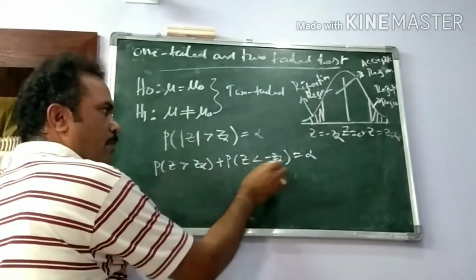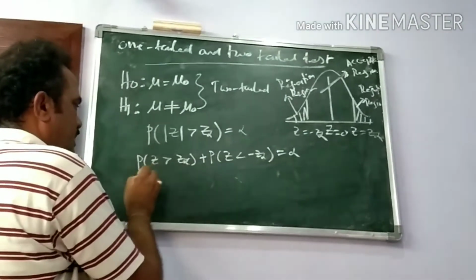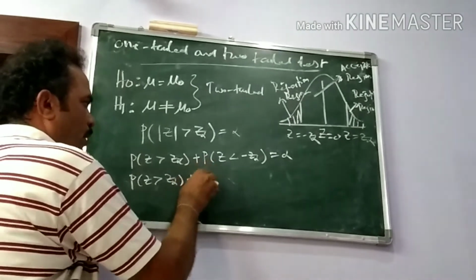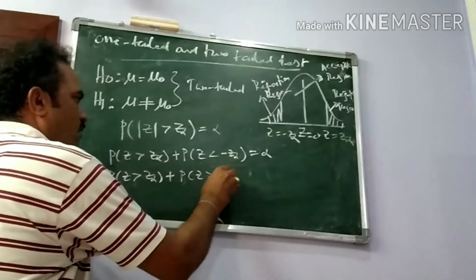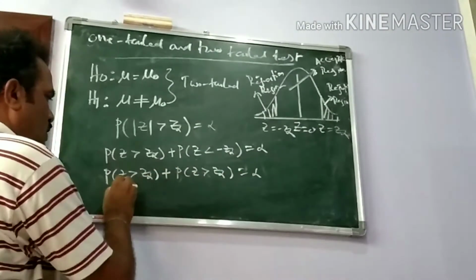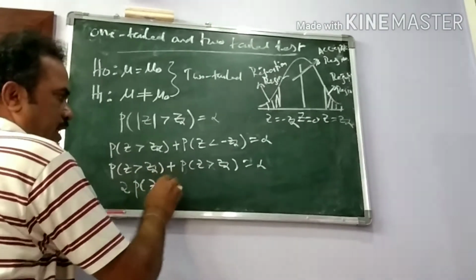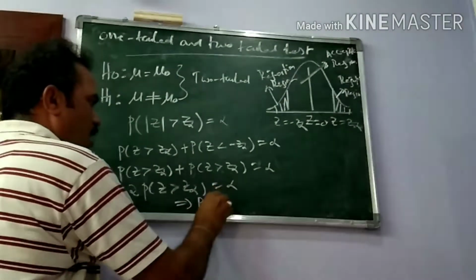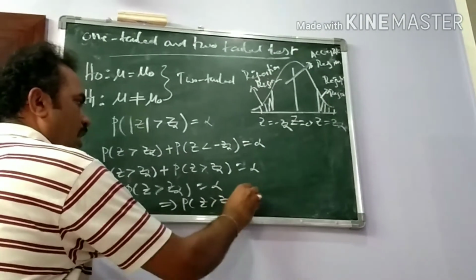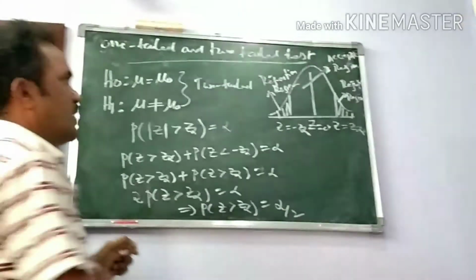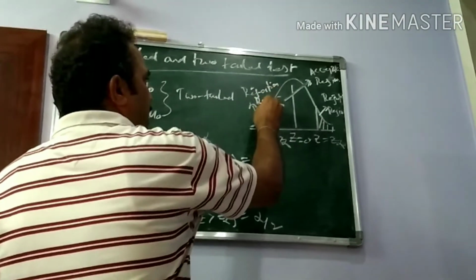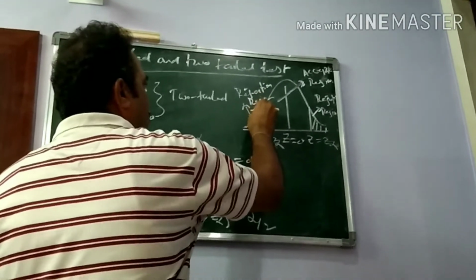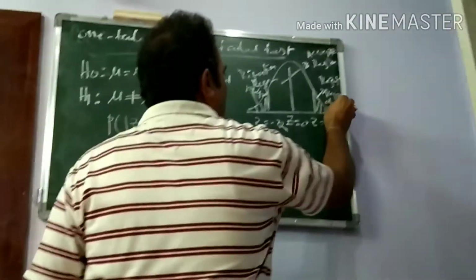If we apply the symmetry property, the simplification is probability of z greater than z alpha plus probability of z greater than z alpha is equal to alpha. This is 2 times probability of z greater than z alpha equal to alpha. This implies probability of z greater than z alpha is equal to alpha by 2. So the rejection region area on the left is alpha by 2 and on the right is also alpha by 2.